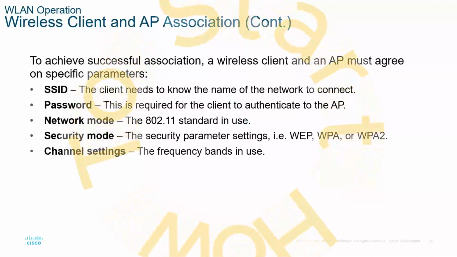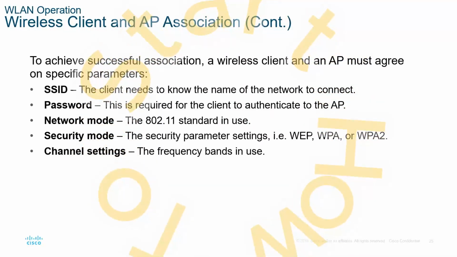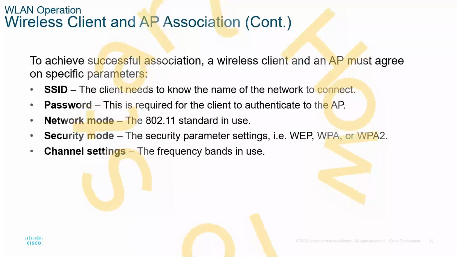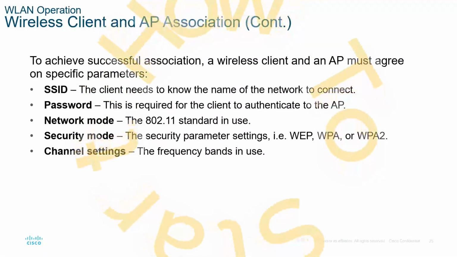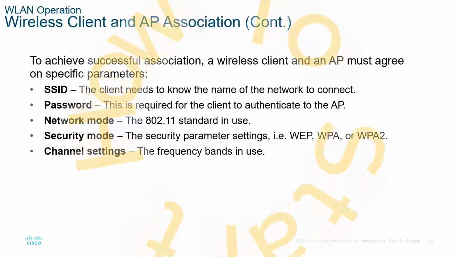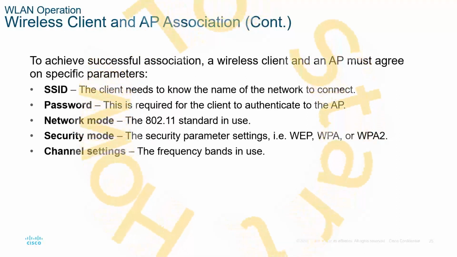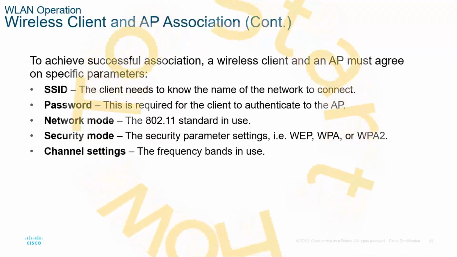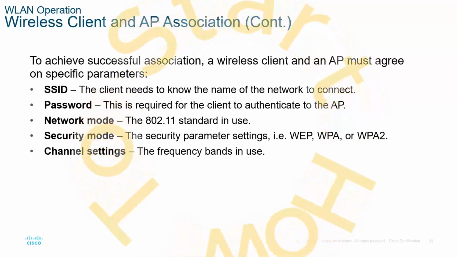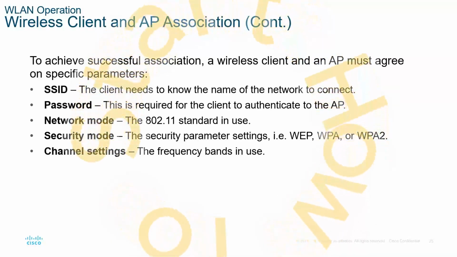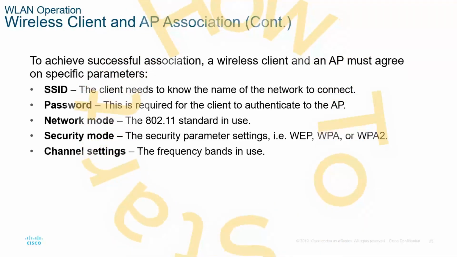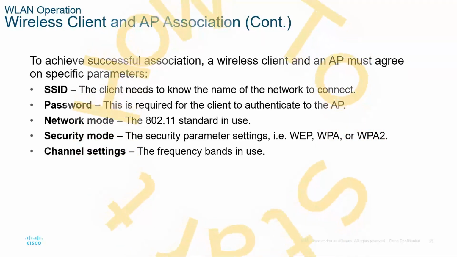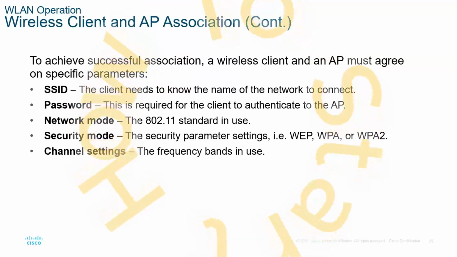So how do we actually get successful association? We'd be looking at the SSID. That's the name of the network. We'd be looking at the password. That's typically some type of pre-shared key or passphrase used to connect to the network. There is going to be a network mode. That's the appropriate 802.11 standard that will be used: A, B, G, N, AC, AX, and so forth.